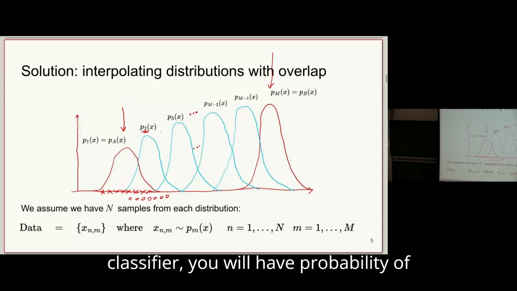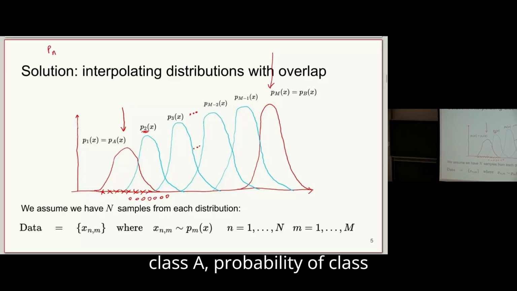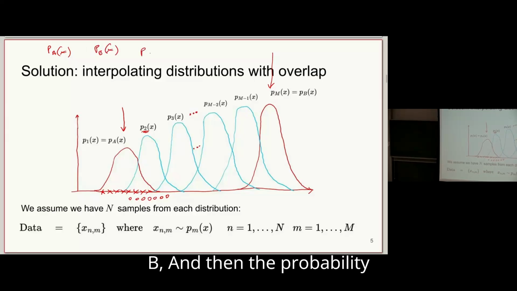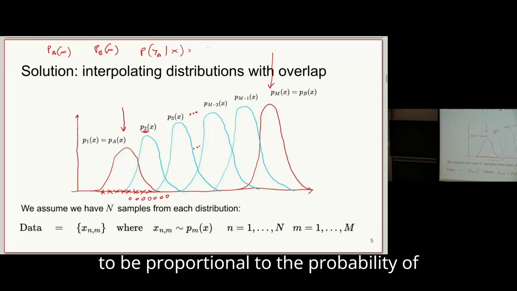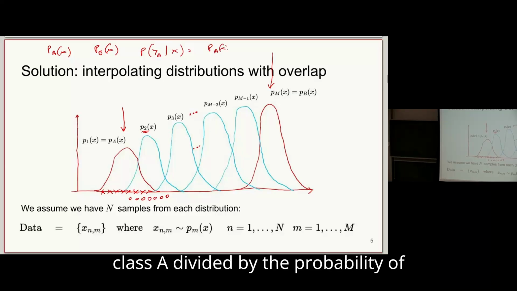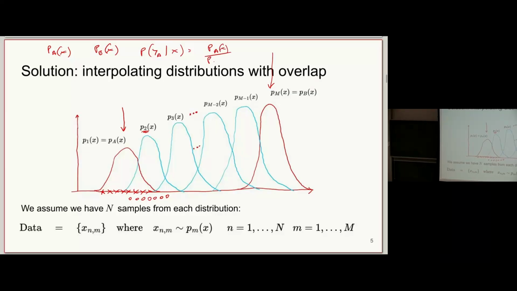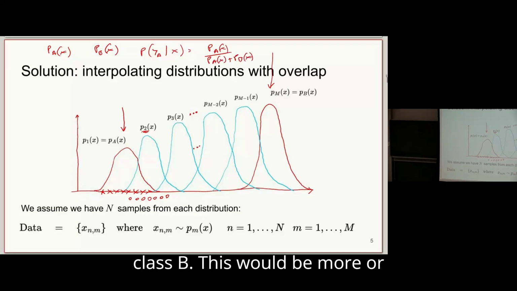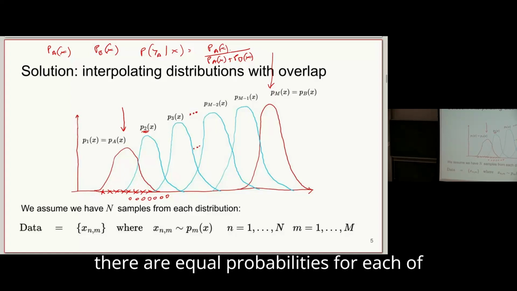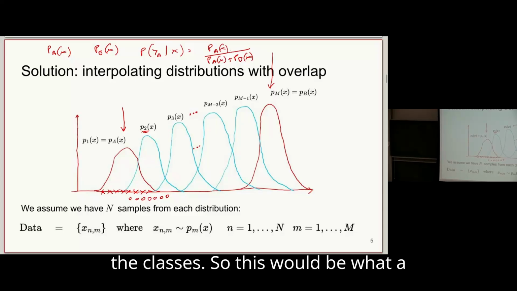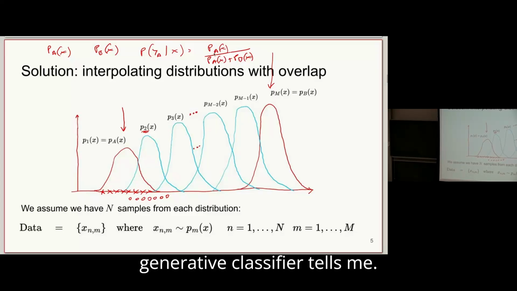In a generative classifier, you will have probability of class A, probability of class B, and then the probability of Y being class A given X, for example, is going to be proportional to the probability of class A divided by the probability of class A plus probability of class B. Okay? This would be more or less the posterior, assuming that there are equal probabilities for each of the classes. So this would be what a generative classifier tells me.